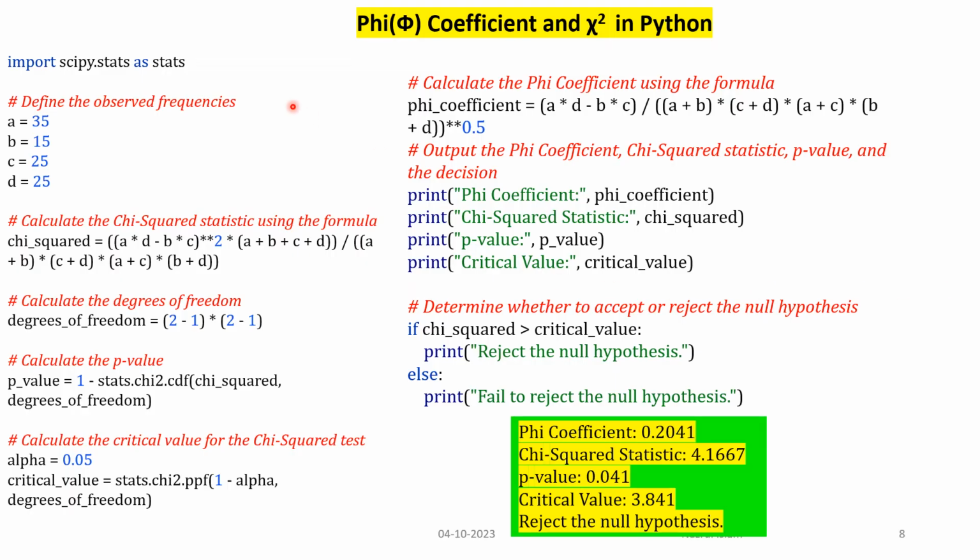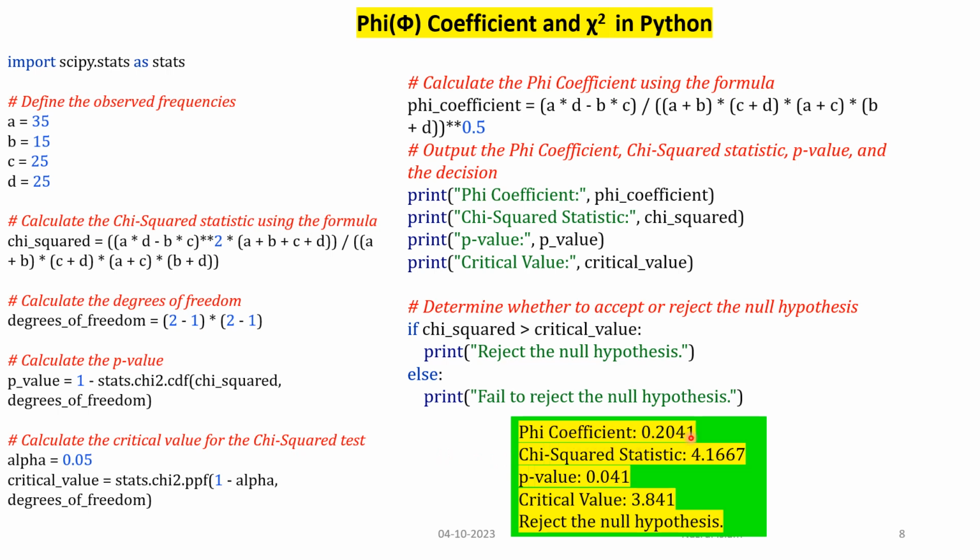Now, this is the phi coefficient and chi-square code that has been performed in Python, and if you copy this code and paste it in PyCharm, you will get the result as I have mentioned in my previous slides.